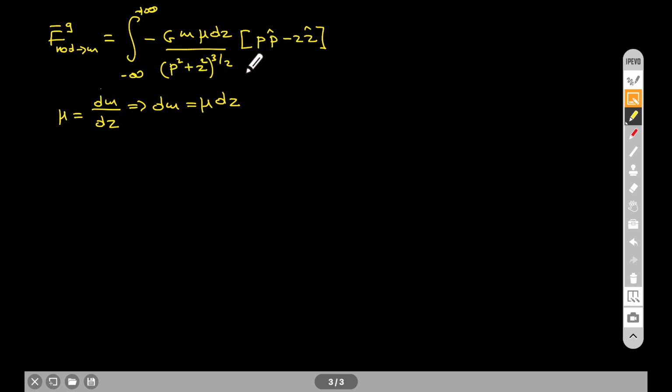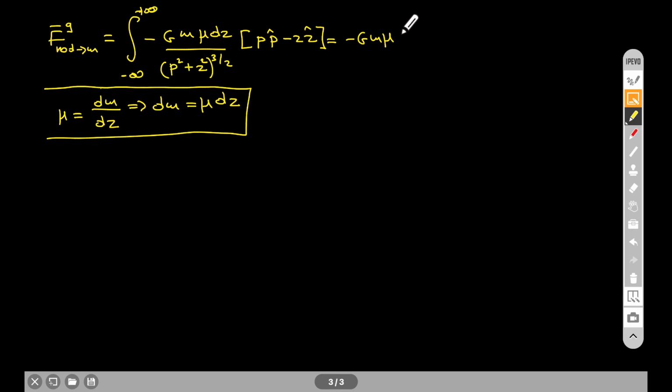Now, I can look at some constants here. G is a constant, of course, minus is a constant, m is a constant, the linear mass density is a constant because it's a uniform rod. And then the only thing that I have is the rest, so I can take my constants out of the integral. Now, this integral can be broken into two, and I will show you how. So I will have minus G m times mu, and let's do a bracket.